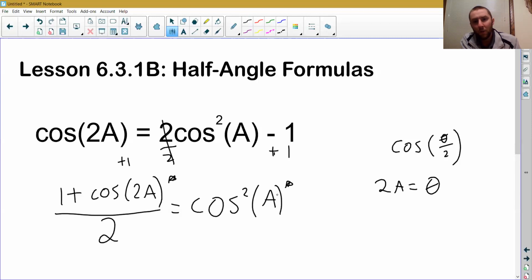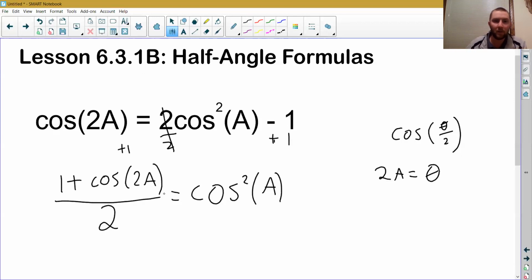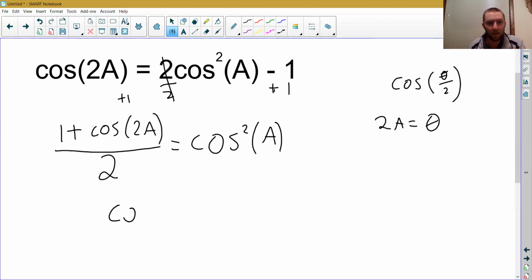Notice that this is just angle a, and this is 2 times a. So what's in parentheses for the cosine squared term is half as much as what's in parentheses for the cosine term.